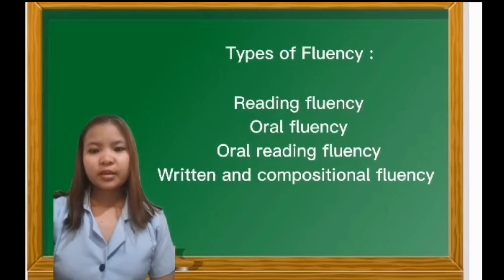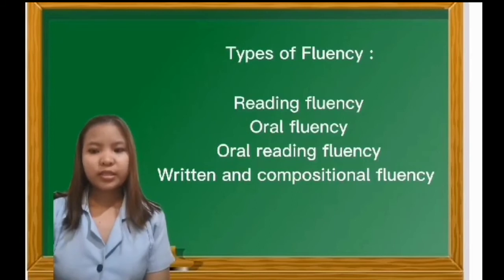The first, reading fluency, refers to the link between the recognition of words while reading and reading comprehension, which manifests itself in the speed and accuracy with which one is able to read text. Oral fluency is a measurement of both production and reception of speech.